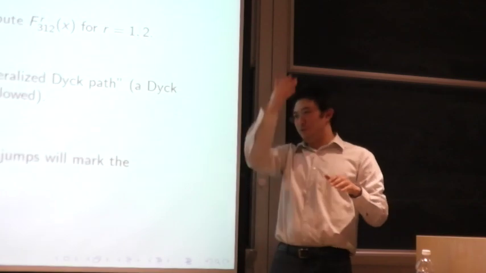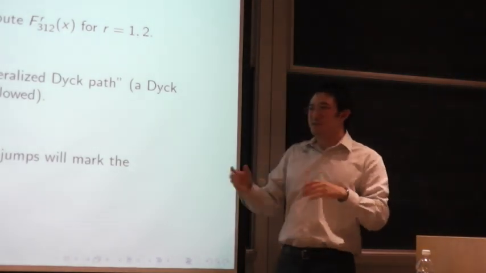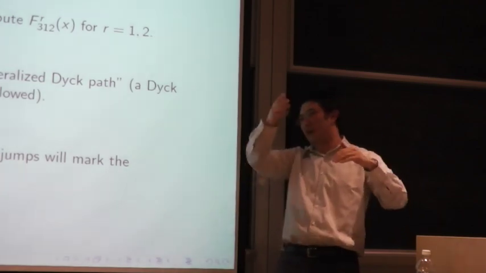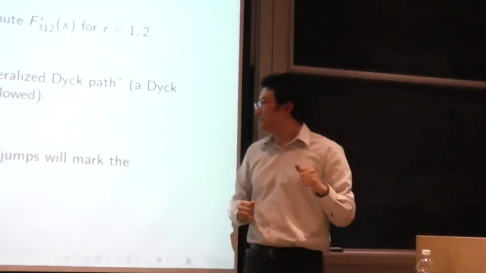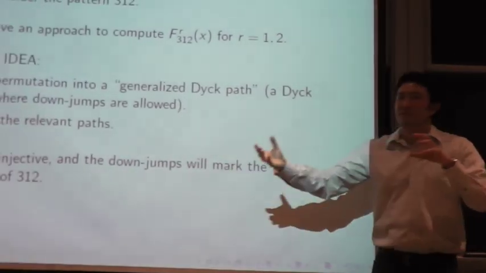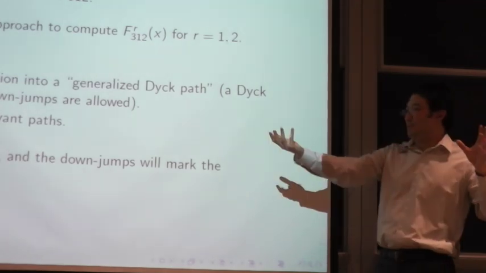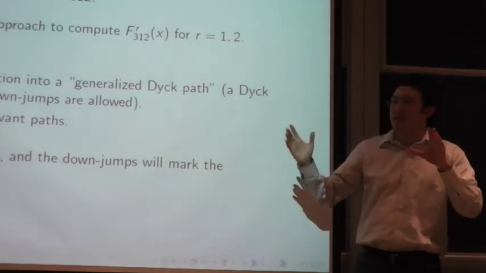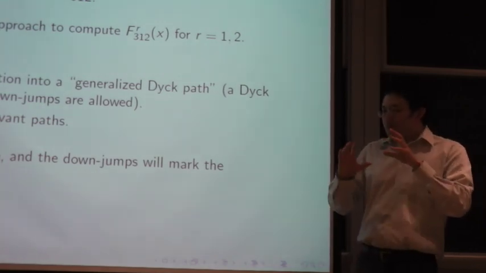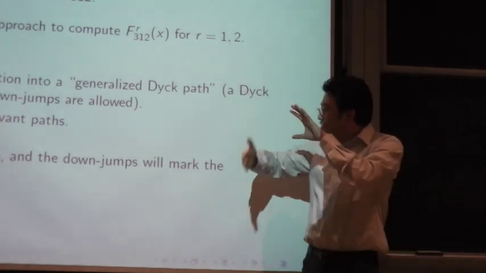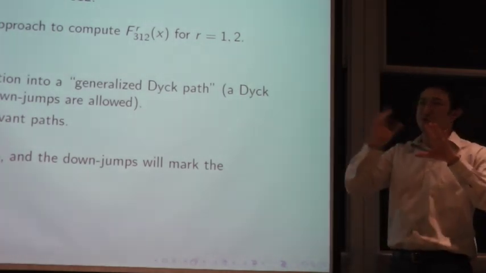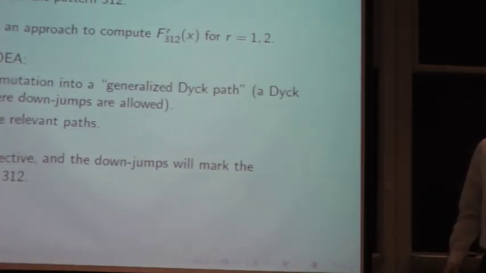Vertical, yeah. But still the other same rules apply. It has to start at height 0 and can't go below the x-axis. The idea then is to count the relevant paths instead of actual permutations. The mapping he shows is an injective mapping, and basically the downward jumps will mark occurrences of the pattern 312.